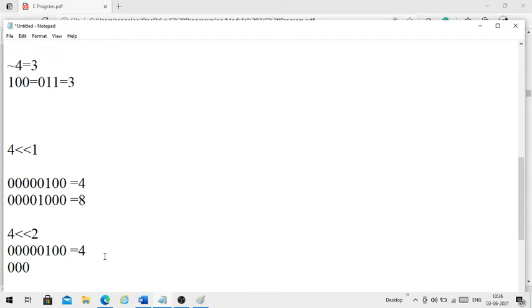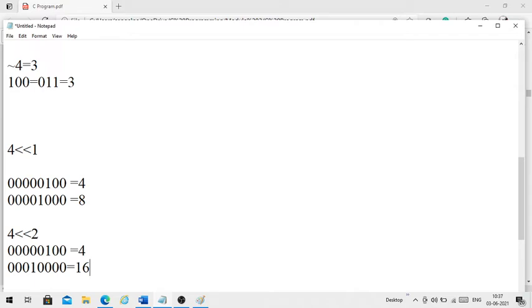This 1 should be shifted 2 times, so 1 will be moved here. Remaining all are zeros. 1, 2, 3, 4. What is this? This is 2 raised to 4, 16. So we are getting the result as 16.